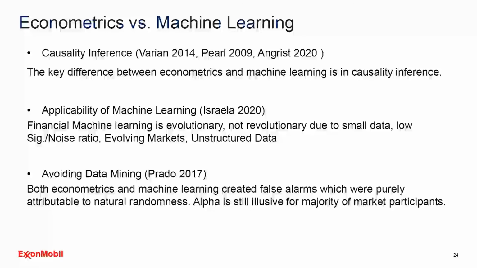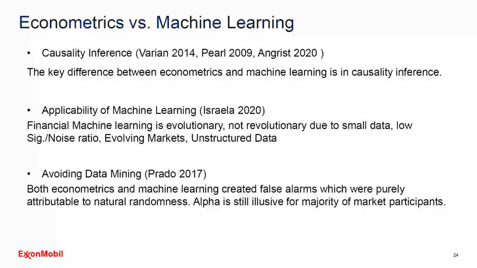But economics is very different from machine learning because economics usually tries to recover the causal relationship. And this is very different from a correlation relationship. And also you are facing a small sample problem, you don't have enough data. And therefore economic theories are always important.